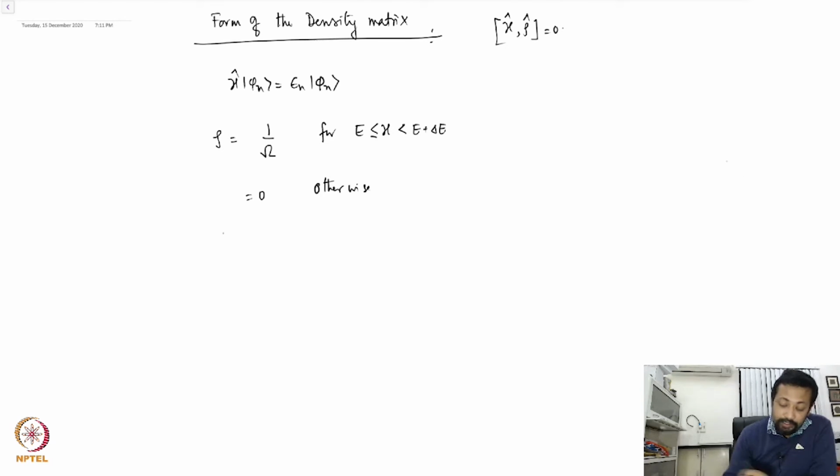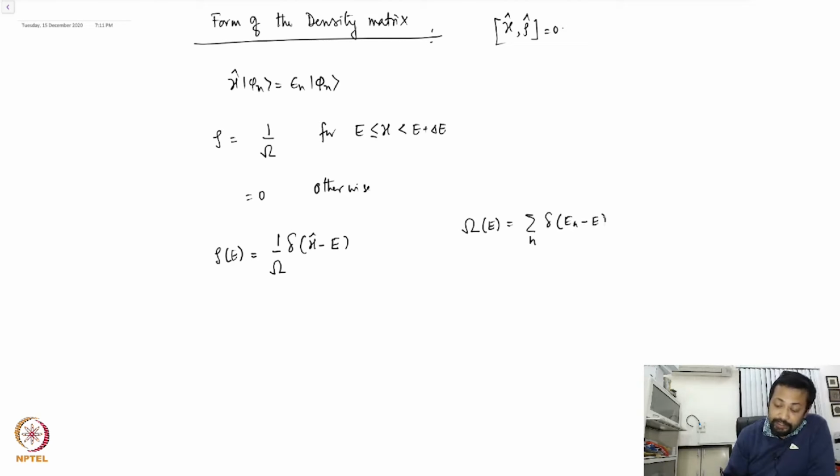Otherwise, for the quantum mechanical case, I'm going to have delta of H minus E, with a sum over omega, where, since I'm working in the energy eigenfunction basis, if the energies are discrete, I have En minus E, right?